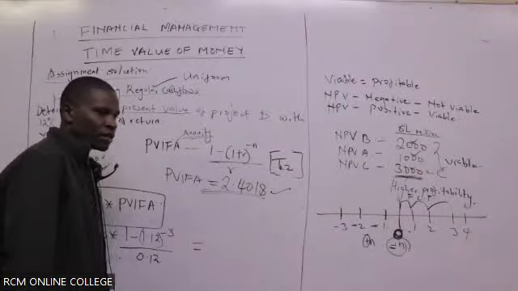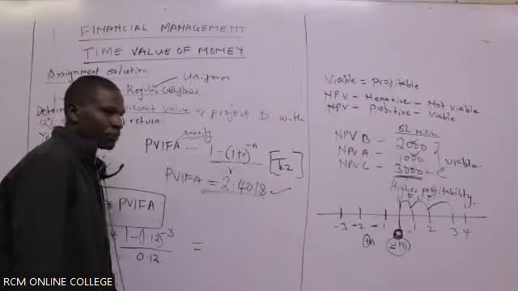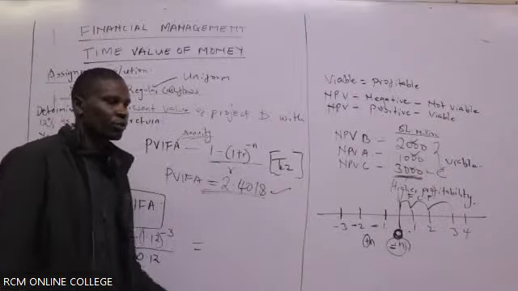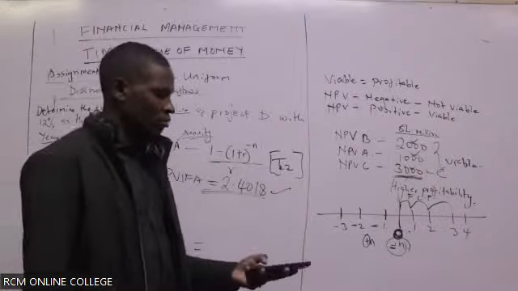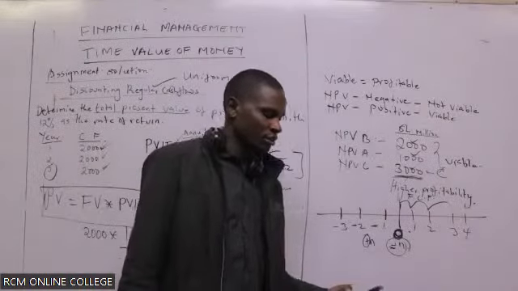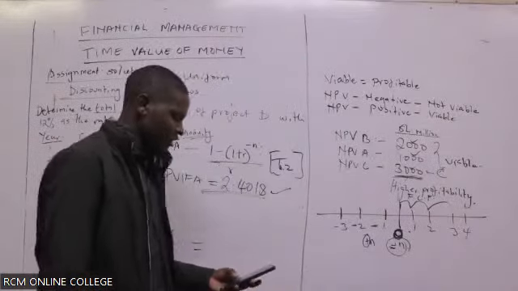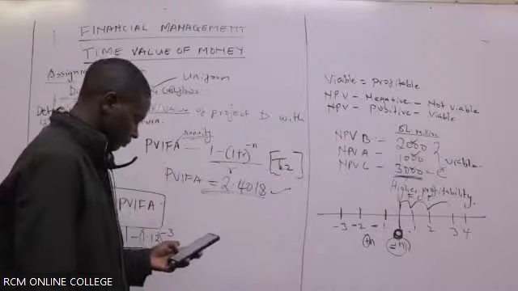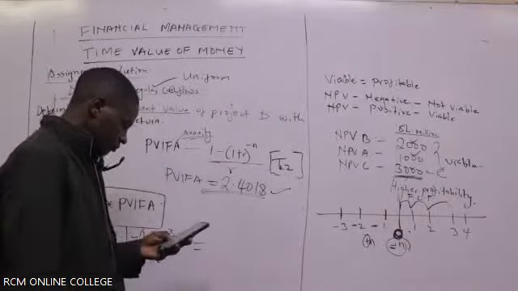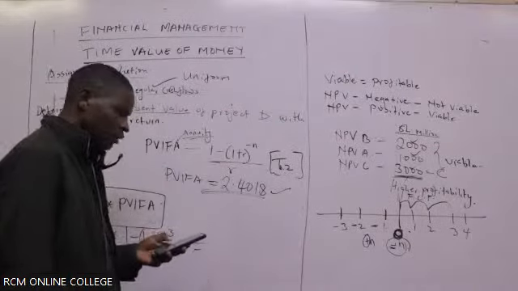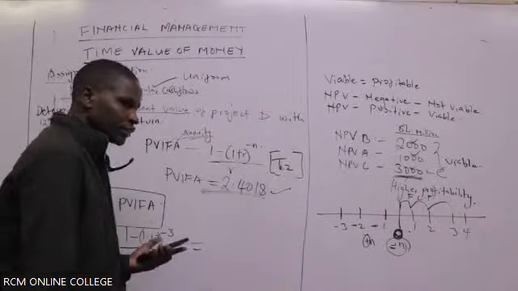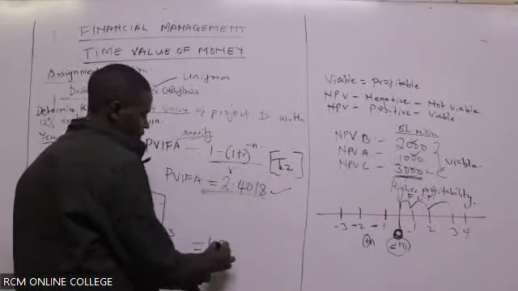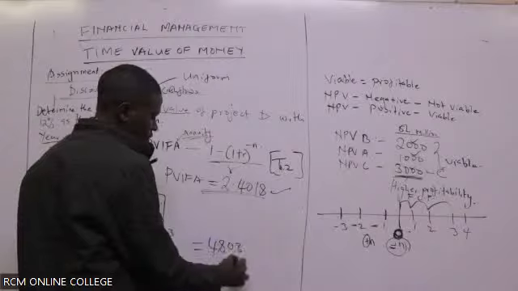So how much are we getting? 2.4018 times 2000. Somebody, before we go for a break of a few minutes, 5 of course. So what do you get? Table number 2, 4803.6.